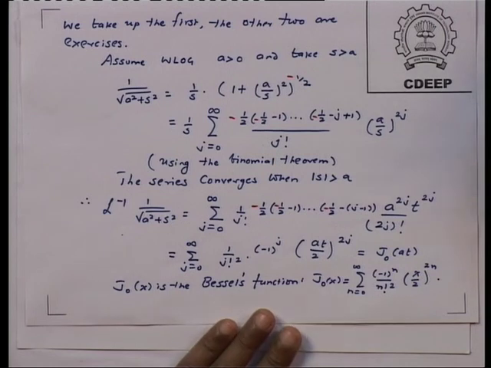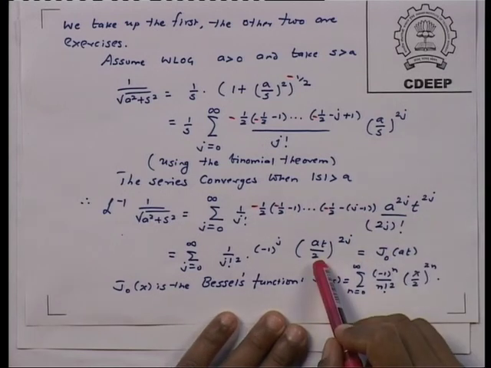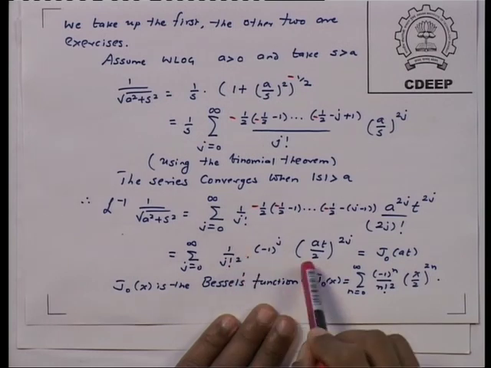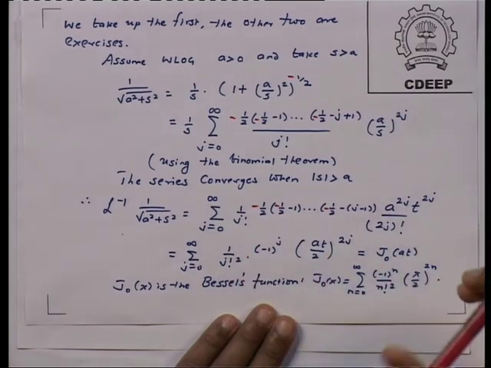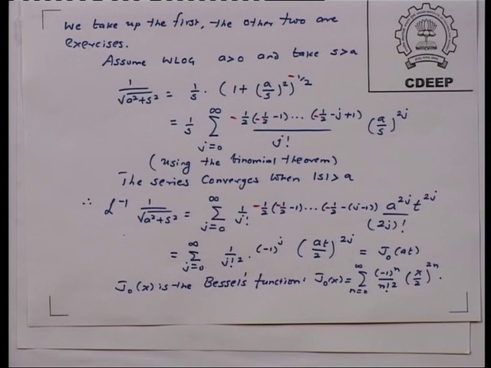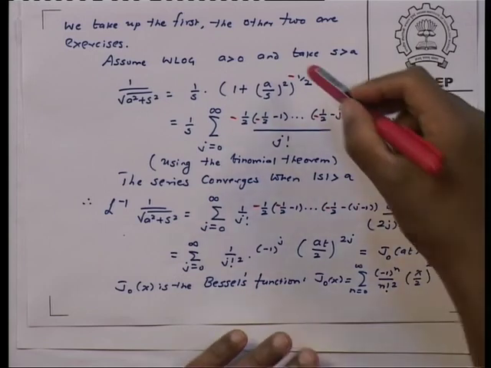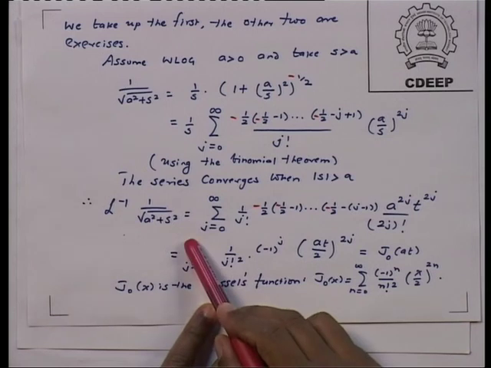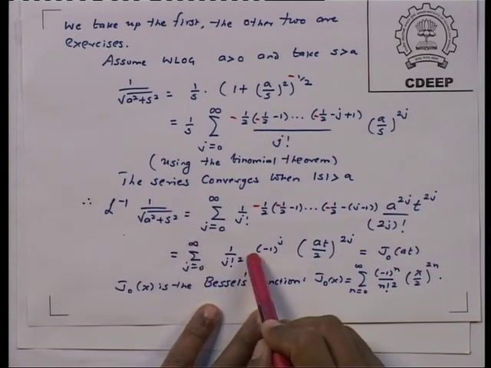So, I introduce the 2 to the power j factorial upstairs and downstairs, and the 2j factorial will cancel out, and I will get a j factorial squared into 2 to the power 2j. In the last step I somehow wrote the minus 1 to the power j correctly; maybe I did the calculation in rough and transcribed it. So, this is a transcription error. There is a sigma j from 0 to infinity, you have a j factorial squared.